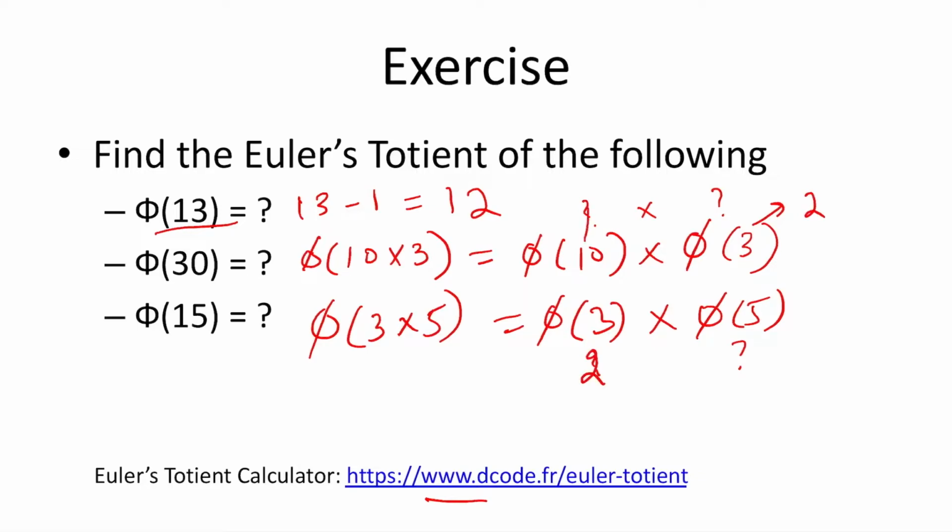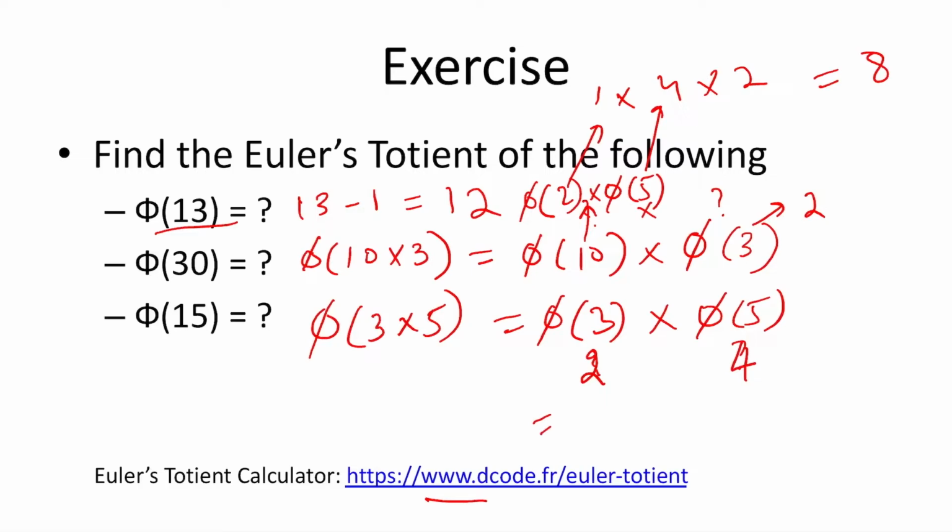Phi of 10, again, we could break it down into phi of 2 into phi of 5, and 2 is a prime number, so we have phi of 2 as 1. 5 is a prime number, so we have phi of 5 as 4, and then we found phi of 3 is 2. So we could say that phi of 30 is equal to 8, right? So phi of 5, again, because 5 is a prime number, is 4. So again, phi of 15 also comes out to be 8.